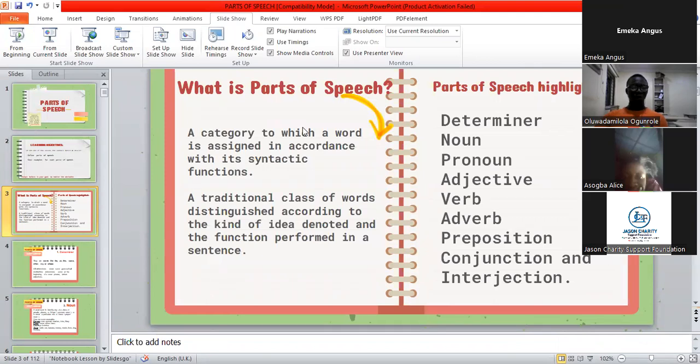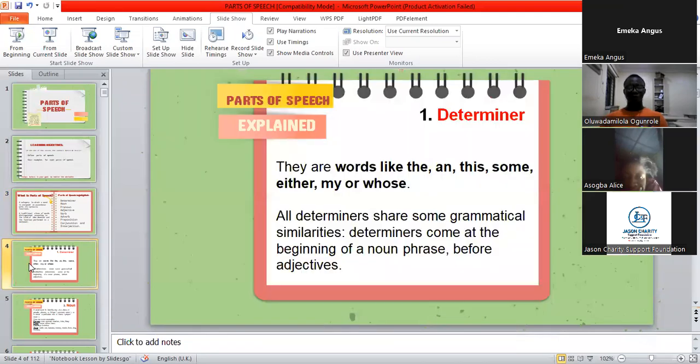Okay, so we'll move on quickly from there. The first one we discussed before you joined was the determiner, and these are words that have some similar things with it. They are used at the beginning of a noun phrase. Basically, when you're going to start a sentence, either seen or not seen, you will always start a sentence with a noun.